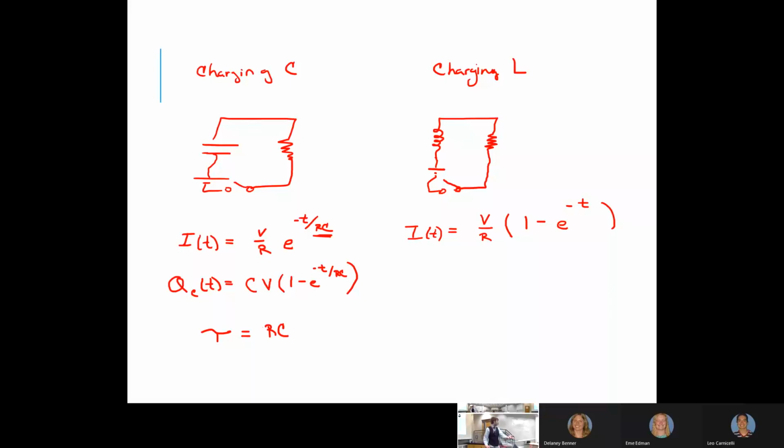It's the time constant. It's a measure of how long it takes for the thing to charge. Larger time constants mean that it takes a longer time for the capacitor to become fully charged. So the question comes down to, is there an analogous time constant for the RL circuit? Yes.